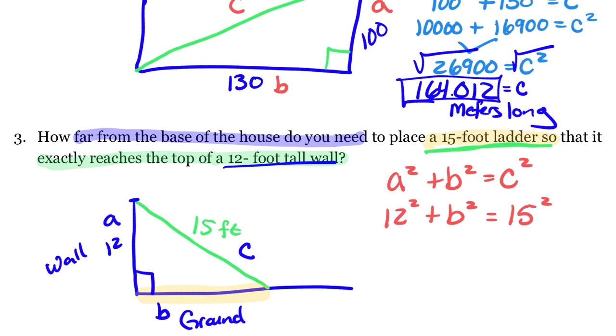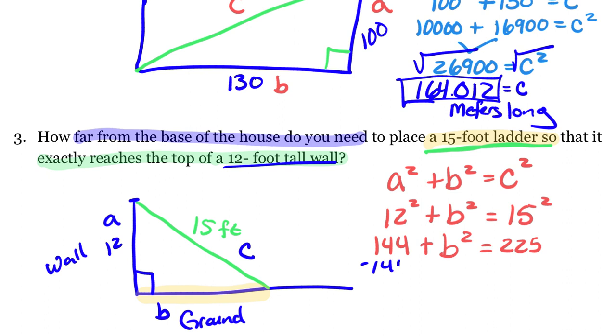So now I do the math. 12 squared gives me 144 plus B squared, or I can call that X squared if I want to. I can change the variable letter, it doesn't matter, equals 15 squared, which is 225.